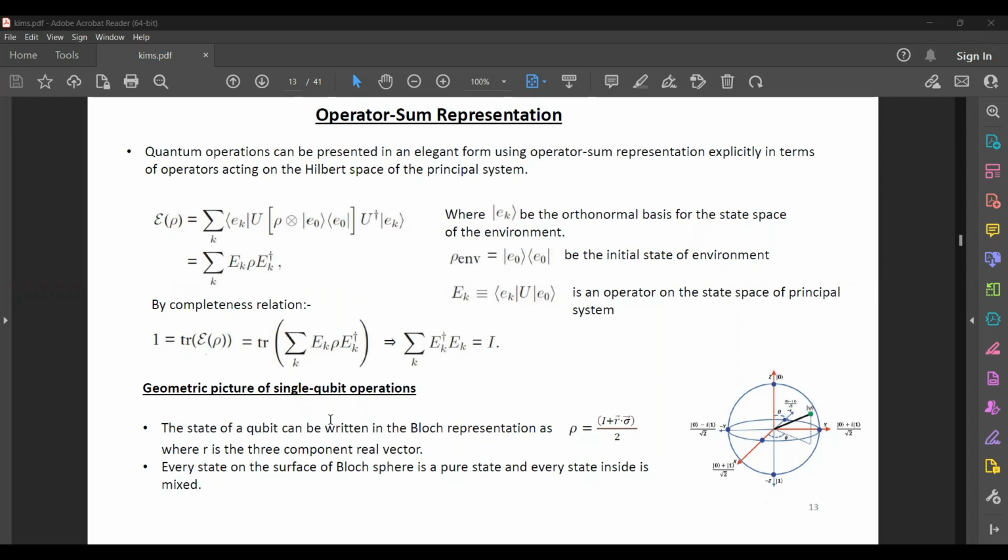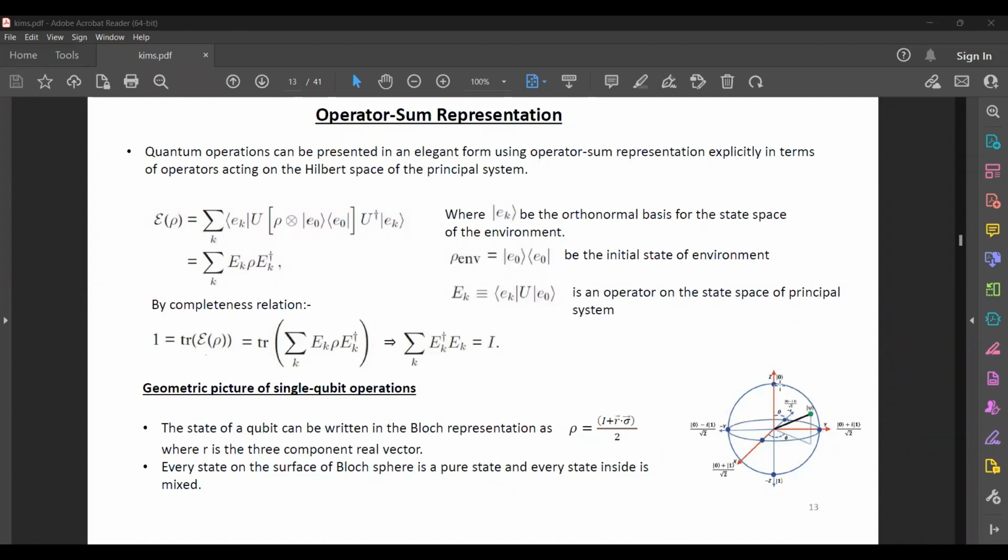Another thing which is important before I discuss quantum noise is how a single qubit operation is represented geometrically. On the right hand side, you see a Bloch sphere. Every state of a qubit can be represented as rho equals (I plus r dot sigma) by 2, where r is a real 3-component vector and sigmas are the Pauli matrices.